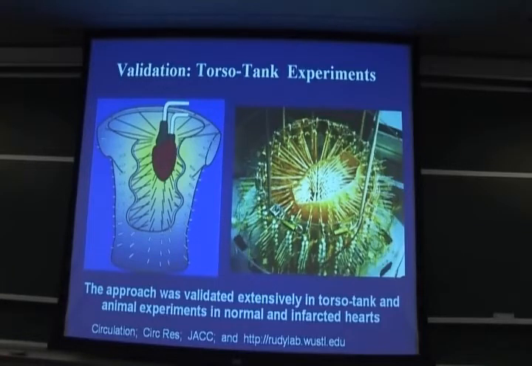And what you have are many, many rods that carry electrodes on them, so you can simultaneously measure the body surface electrocardiograms all around the torso, and at the same time measure the potential distribution, or the electrograms, over the heart surface with the tip electrodes that are placed on these rods.